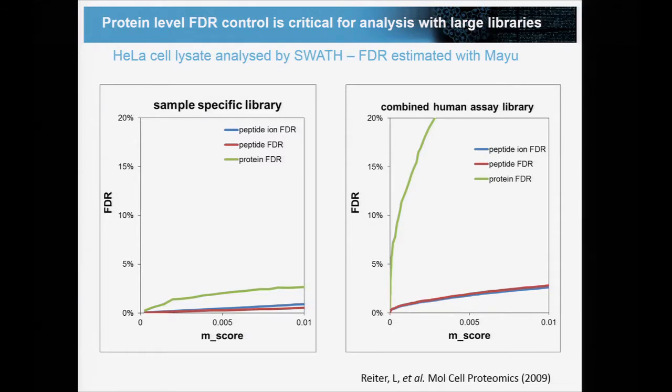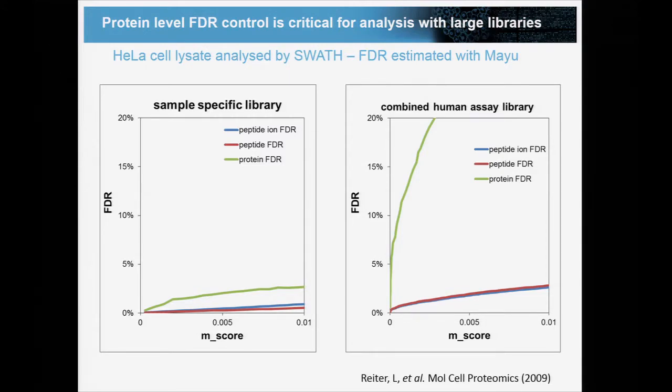As you relax this scoring threshold of the M score, when we do this sample-specific library analysis, where we expect to be able to detect more or less everything in the library, the error propagation between these different levels is relatively modest. You can almost ignore it. You could almost say at 1% peptide FDR the protein FDR is only 2 or 3%, so this is not such a big deal. When you go to this combined human assay library, if you say 1% peptide FDR, your protein FDR has gone completely out of control.